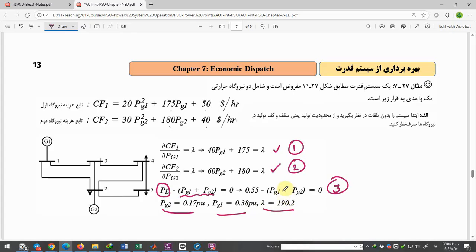This calculation is based on no limitation and no transmission line losses.